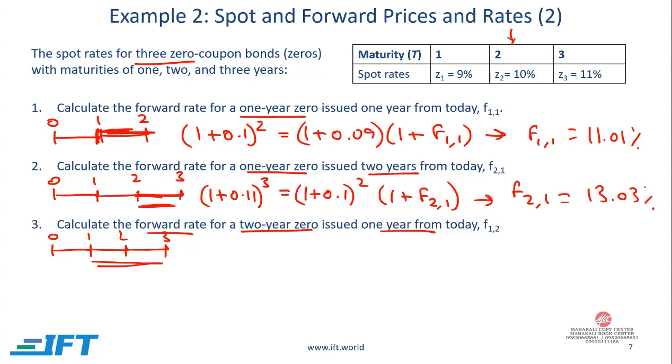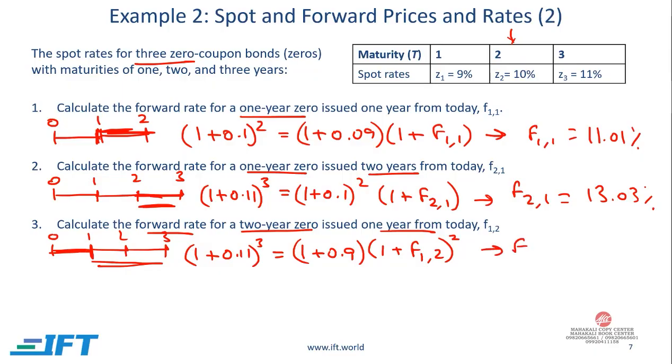So again we will have (1 + Z3) cubed, which is 1.11 cubed, is equal to this period over here, so that's the discount factor, D1, (1 + 0.09) multiplied by (1 + F1,2). So 1,2 because this starts at the end of 1 year and then goes on for 2 years, and this would be squared.